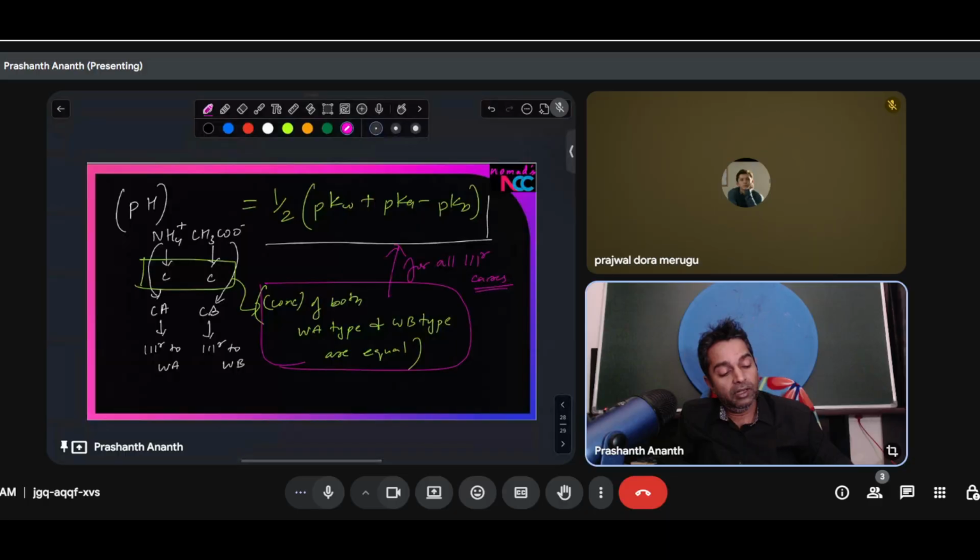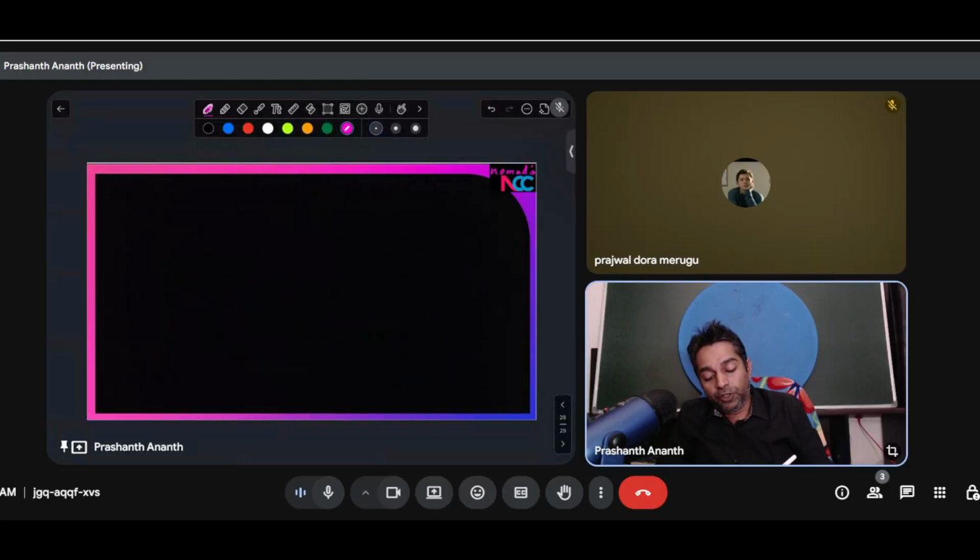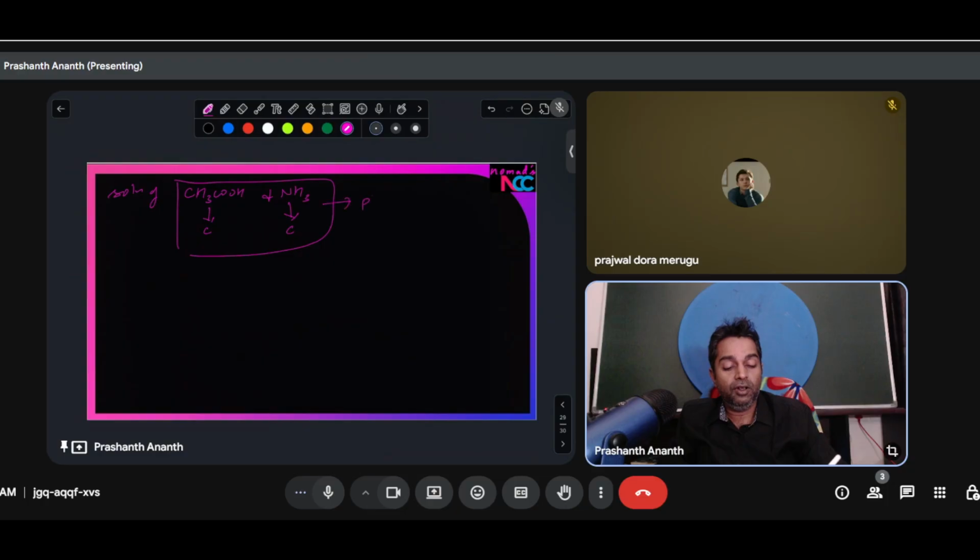If I am given a solution of say CH3COOH concentration C and ammonia concentration C, it doesn't matter if it is randomly mixed weak acid and weak base, pH is going to be half into pKw plus pKa minus pKb. Directly we can apply this and proceed on, no problem. This will give you the correct answer.